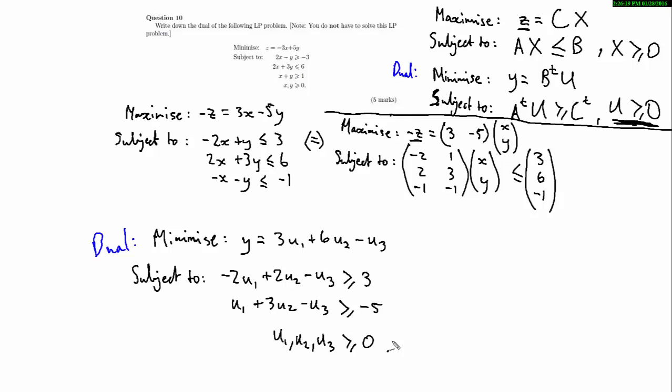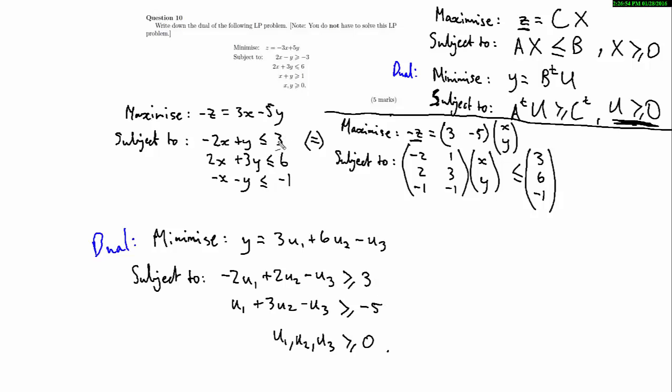And again, just a side note, if you did want to go about this question without writing out all of this stuff up here, it's fairly easy to do so. If you just notice that the original matrices all come from this information here, you can very easily notice that our 3 and minus 5 here turn into our numbers at the end of the constraints here.